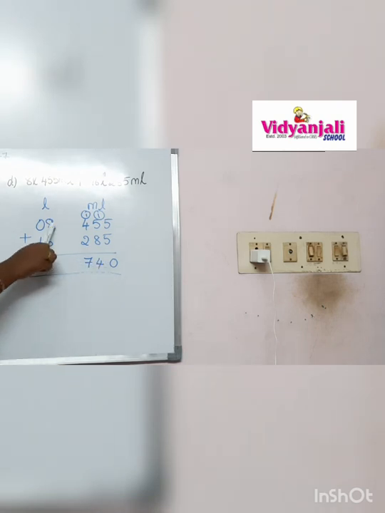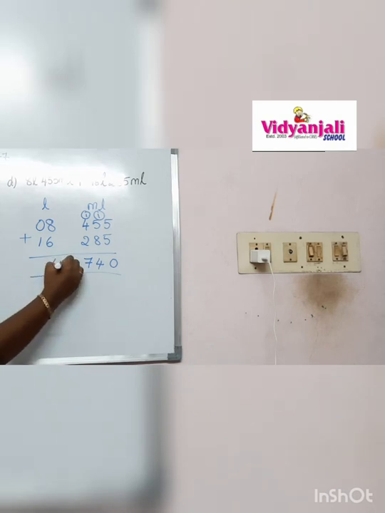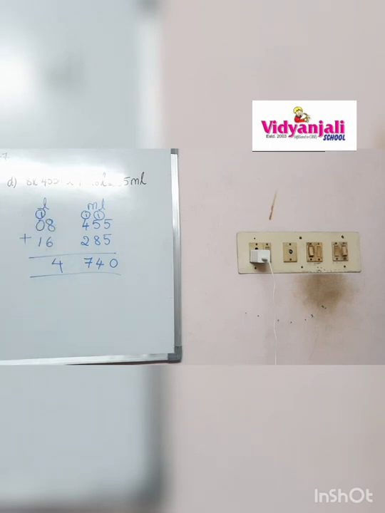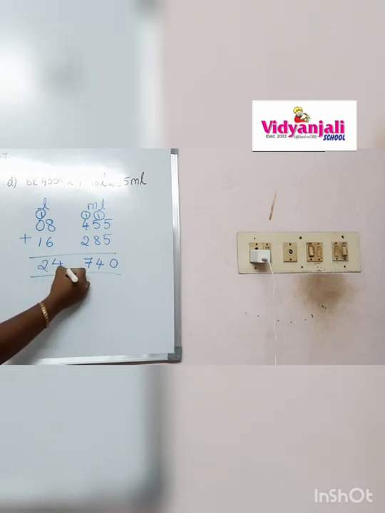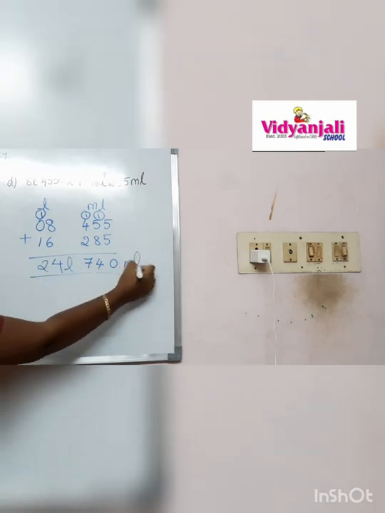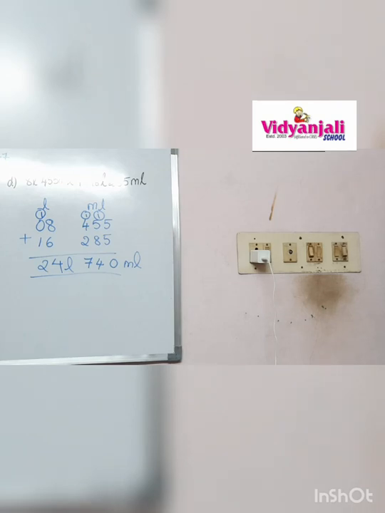Now 8 plus 6 is 14. So 4 here and 1 carried forward. 1 plus 1 is 2. Therefore, 24 liters 740 milliliters.